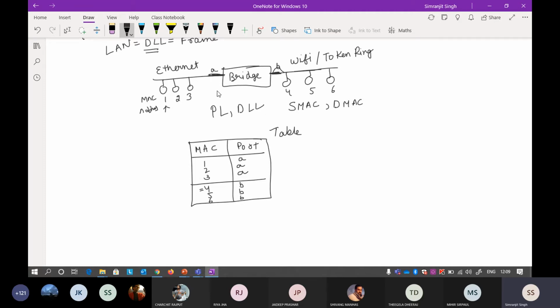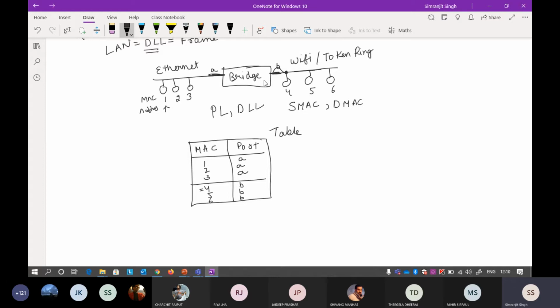That is the functionality of a bridge, because it can go inside the frame and look for the destination MAC. It will only send this frame to 4. The signal will not be transmitted to 5 or 6. It will only send the message to 4.